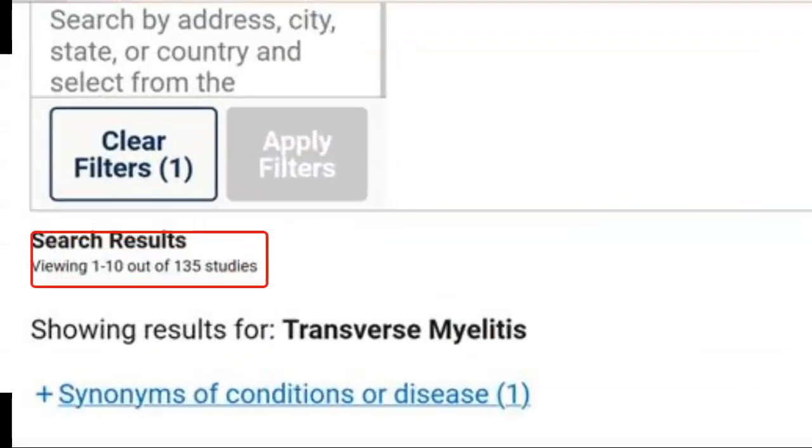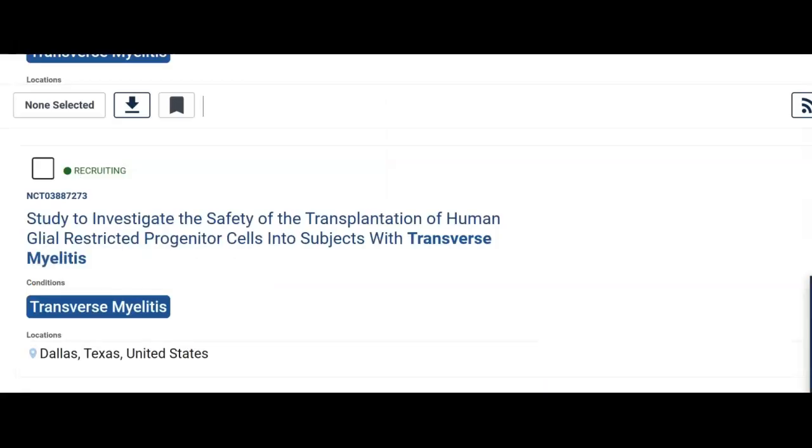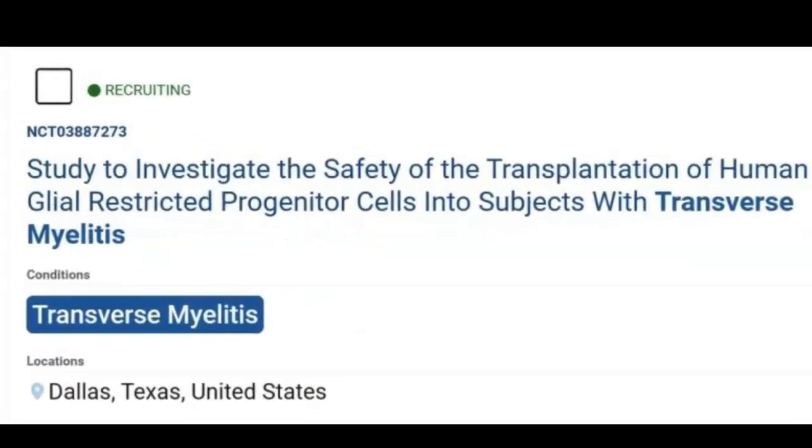And as you can see, there's quite a bit that's been looked at over the years. I thought I'd just focus on this one because it is actively recruiting out of Dallas, Texas, the United States. It's called Study to Investigate the Safety of the Transplantation of Human Glial Restricted Progenitor Cells into Subjects with Transverse Myelitis.